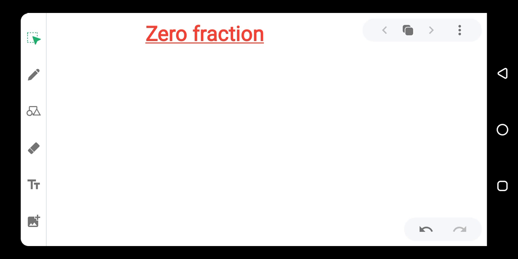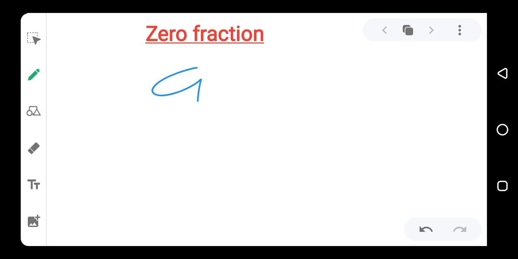In our previous lesson, we talked about representation of fraction, and we said that in a fraction we have numerator and denominator.